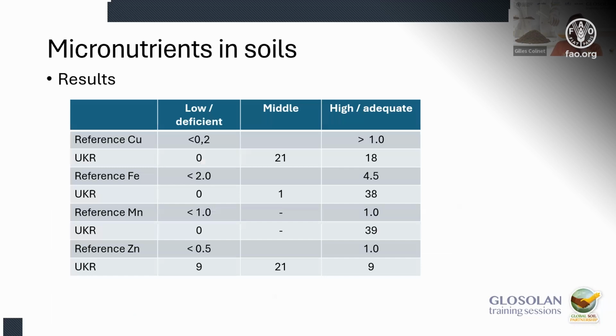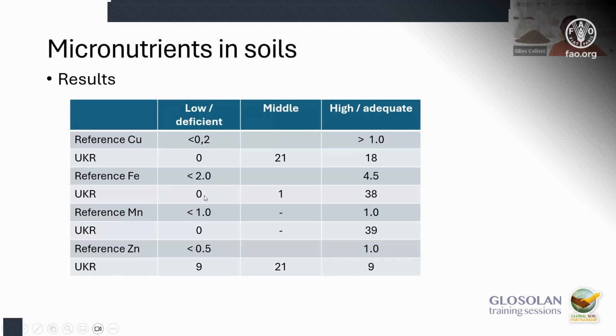So we try to have a look within the 39 samples that we analyzed at their situation compared to the reference table that I showed for the soils of Alberta. If we have a look at the same thresholds for Ukrainian soils, the copper should be in the middle and high classes, so there should not be risks of deficiency for the copper.